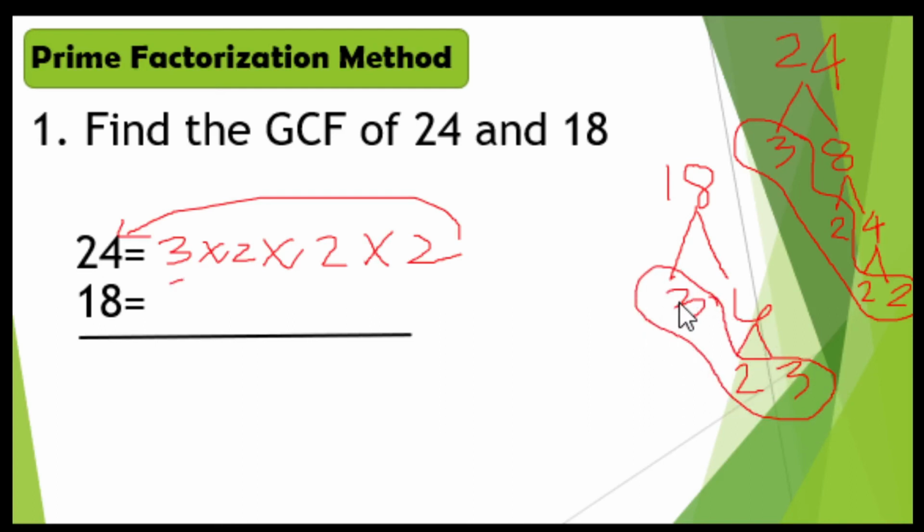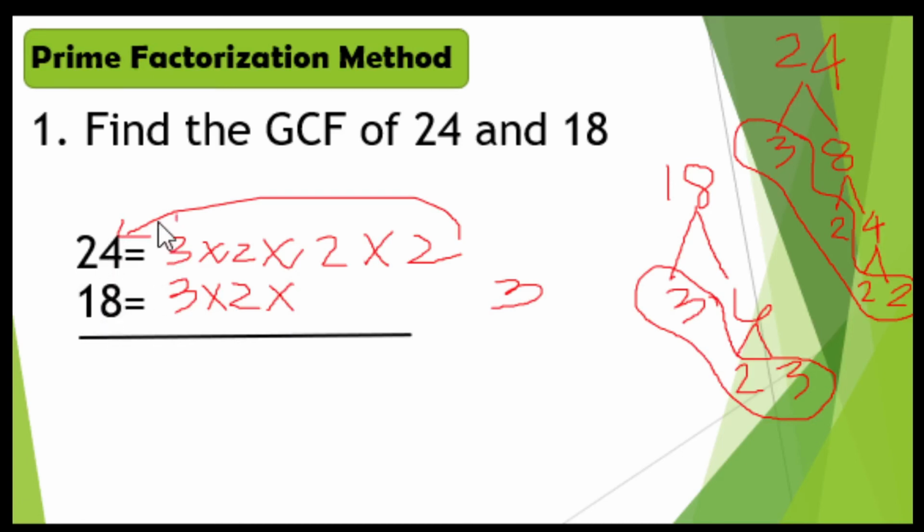3. You have to place it here since they are common. Next, 2. Place it here since they are common. Next, 3 doesn't have a common above. We have to place it here. Now, the question is, what are the common numbers of 24 and 18?